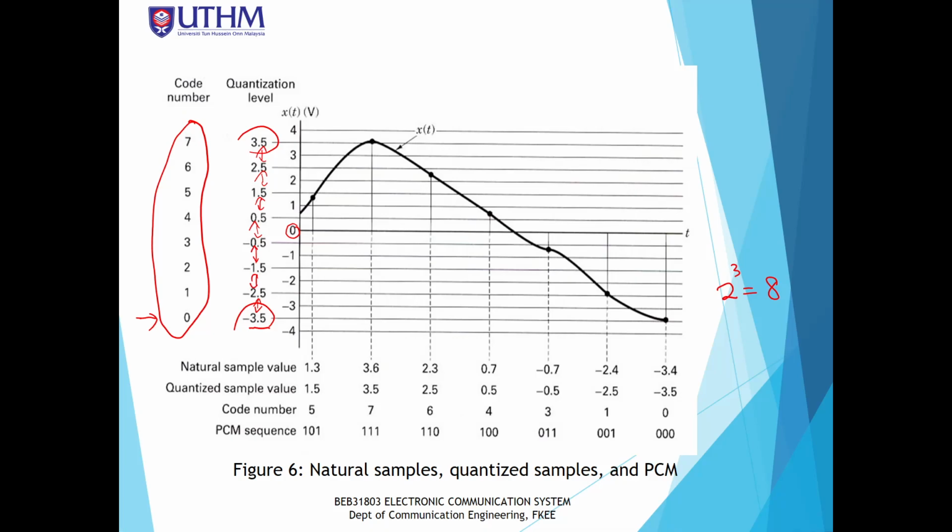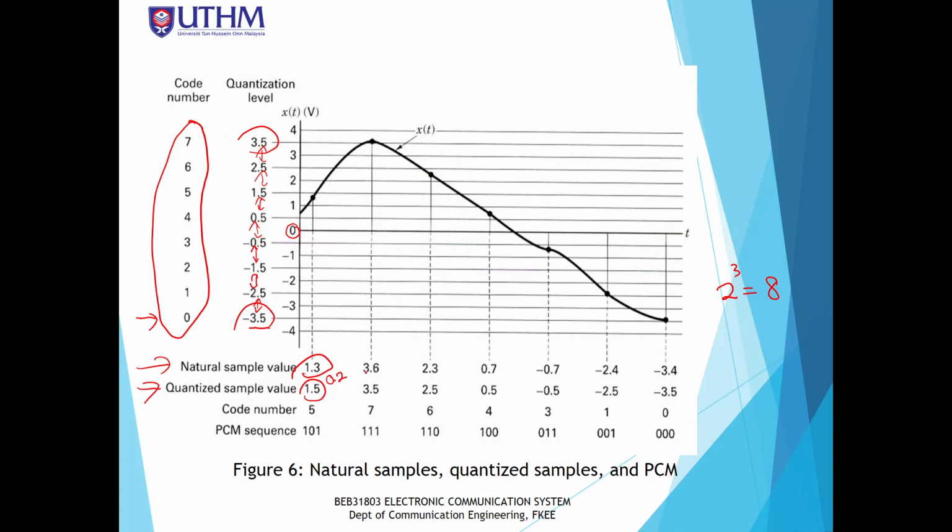And from this you can see up to these 2 lines. When we sample, we get 1.3 volt, and then we do the quantization, the nearest quantized level would be 1.5.